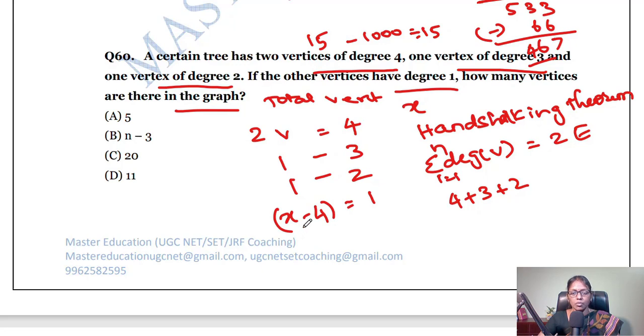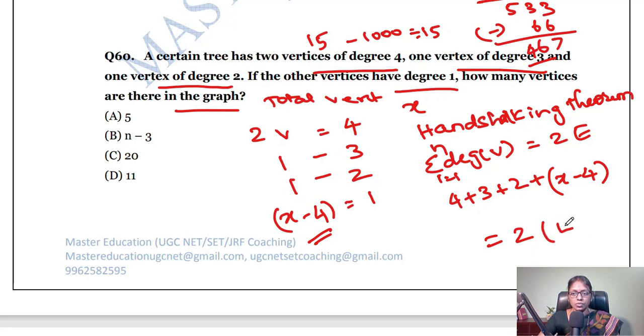We don't know how many vertices, right? So if the remaining vertices are, consider this 10, so 10 degree will be there, 10 into 1, because they are telling that all the remaining vertices have degree 1. Okay, so what will happen? So this is nothing but plus, for this, x minus 4, I am writing down, that is equal to 2 into edges.